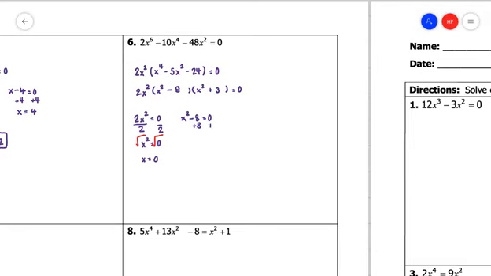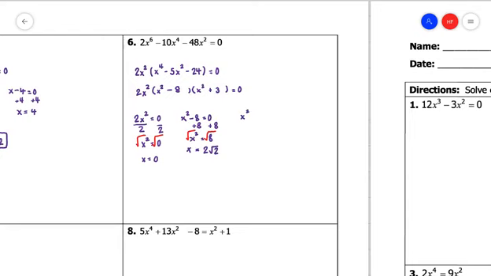We add 8 to both sides. We get x squared equals positive 8. Take the square root of both sides. And we get x equals 2 root 2. We already know the square root of 8 is 2 root 2 because we found that on the other problem.